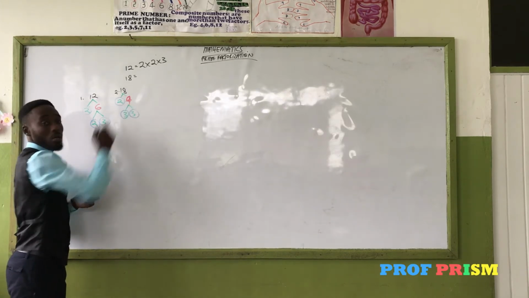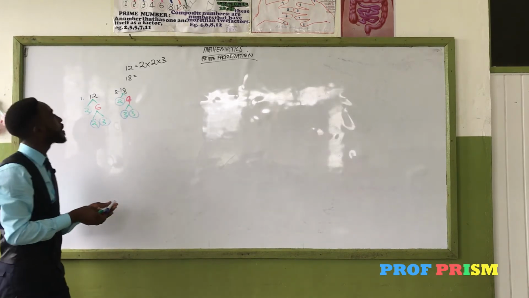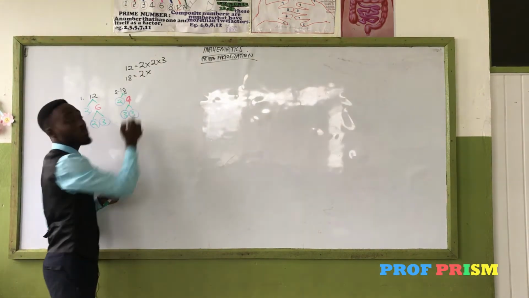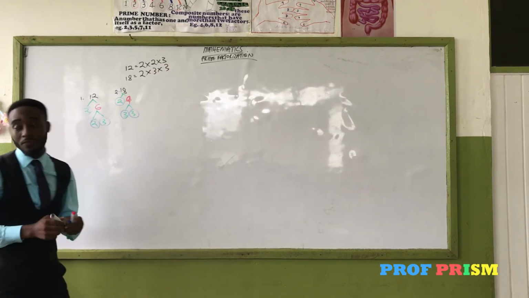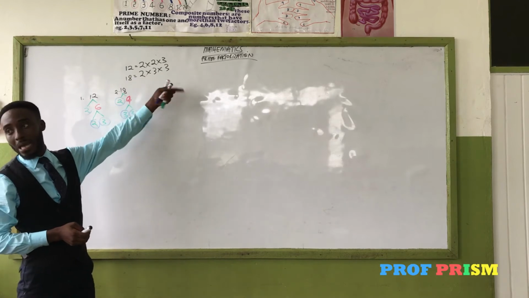Then if we are writing it, we would have 2 times 3 times 3. Let's check if it agrees. What's 2 times 3? 6 times 3? 18.